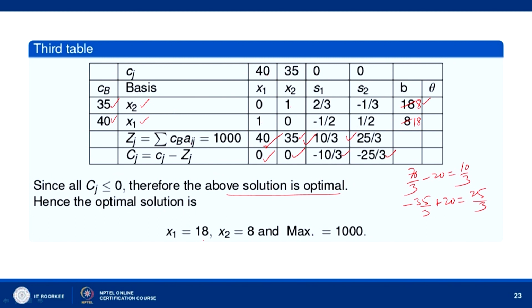So, what do we get? x1 equal to 18 and x2 equal to 8, and the value of z will be found as follows.